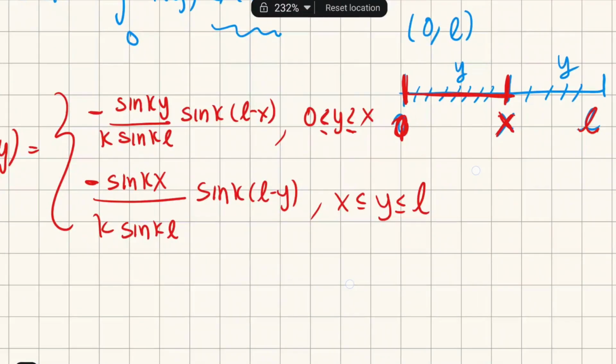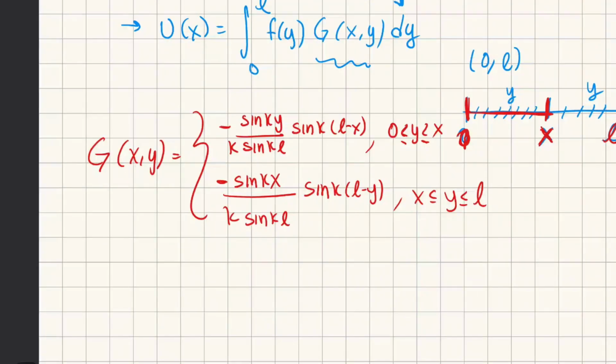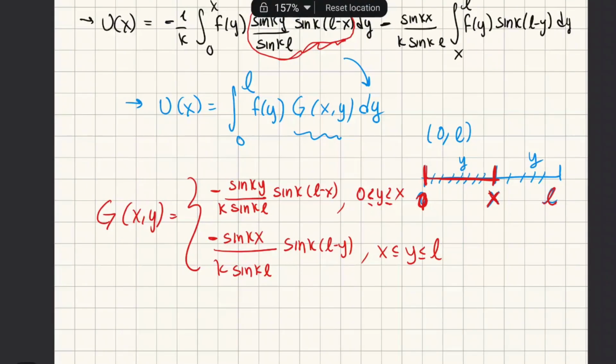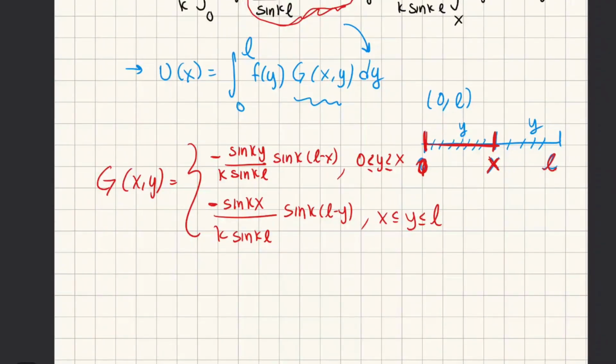Perfect. So what we need to notice now is that this function g is actually continuous at the point x. If we evaluate y to be equal to x in this expression, we see that we are going to get this other expression, right? So this is telling us that g is continuous, and that is good news.